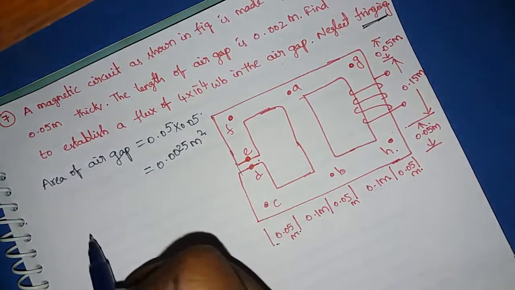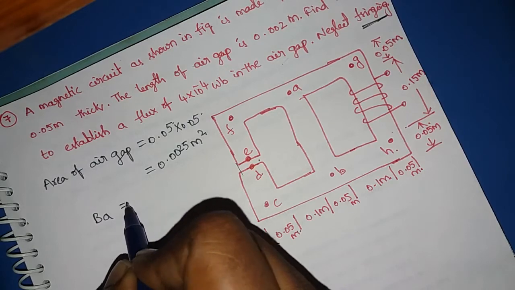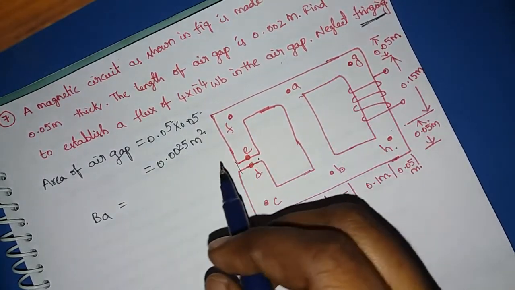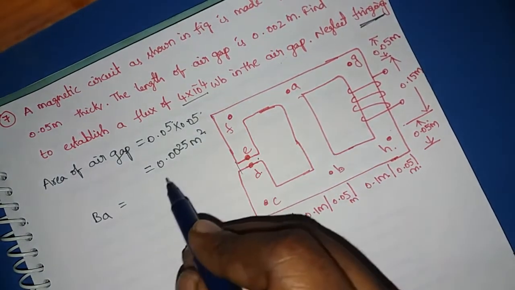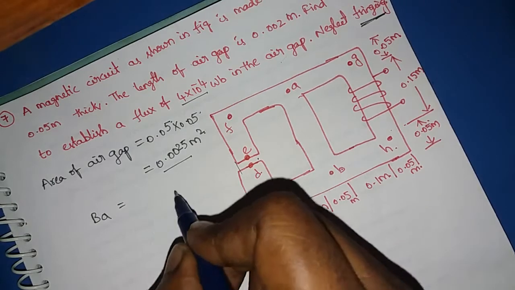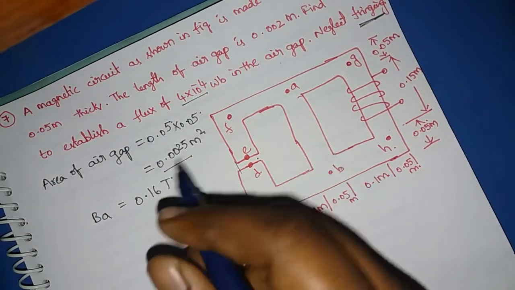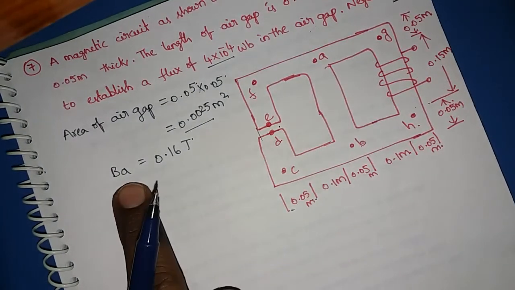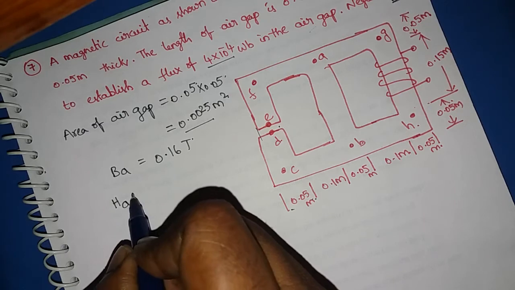Okay. Then what is the flux density in the air gap? Ba is given by flux divided by area. He has given the flux, this value phi by A. A is this value. If we do that, you may get 0.16 Tesla. Yes, if we know the flux density, then you can estimate the field intensity.